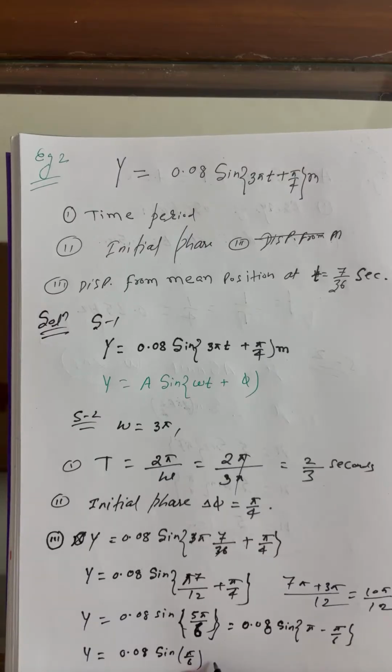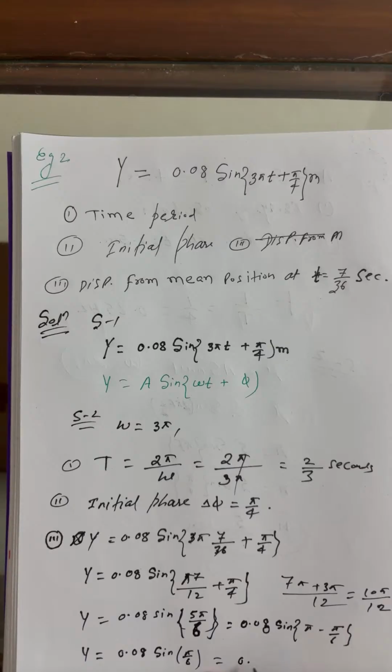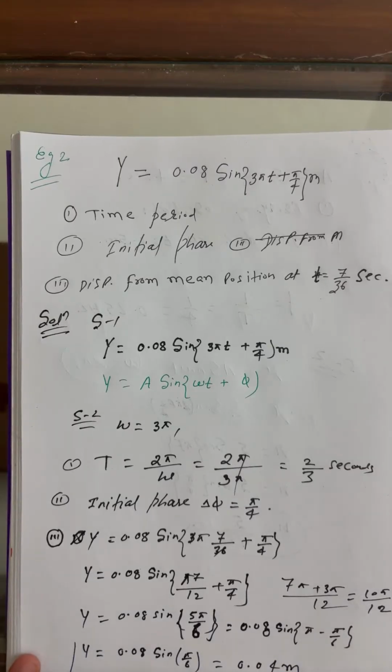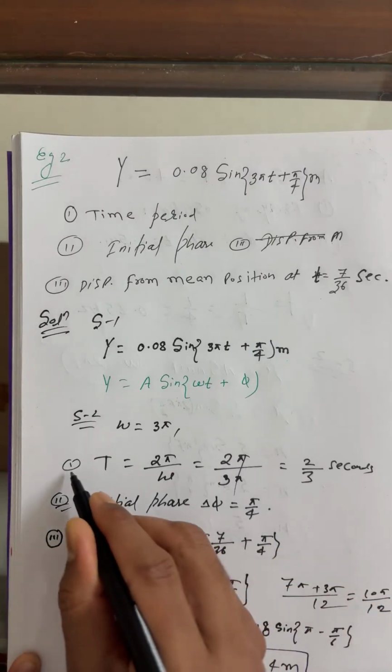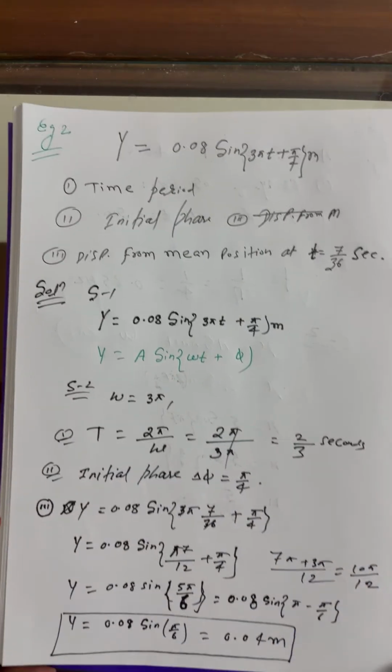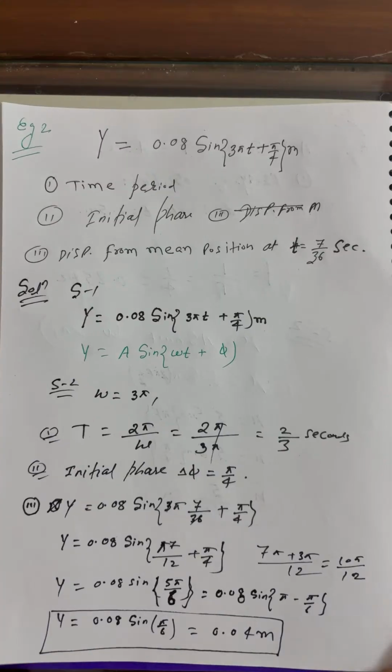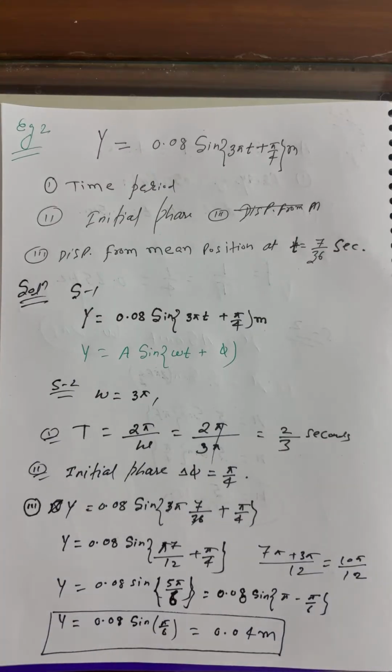So finally you can write 0.04 meter. This is the answer for these questions. This is the displacement, this is the initial phase, this is the time period. I hope it is visible, students.